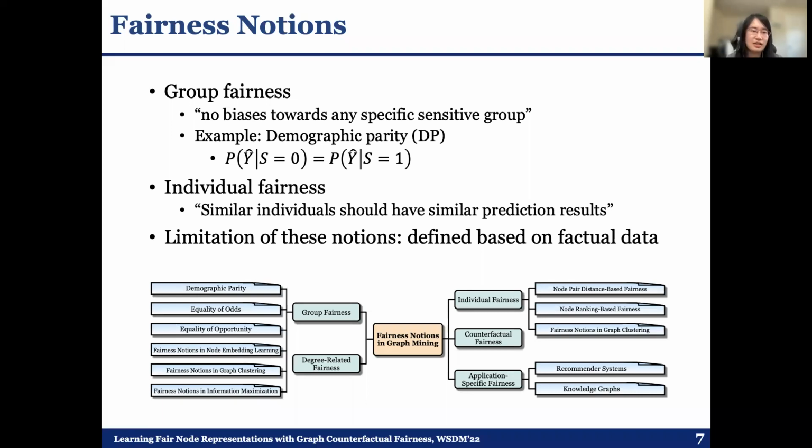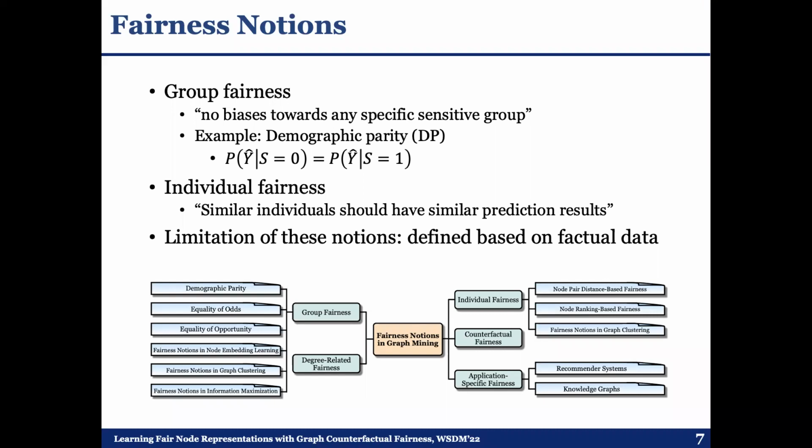Basically, it tries to guarantee that in two different sensitive groups, like male or female, the predictions should have the same distribution. However, this is a group-level fairness notion, and there is another mainstream of fairness notion called individual fairness. The high-level idea is that similar individuals should be treated similarly, so that they have similar prediction results.